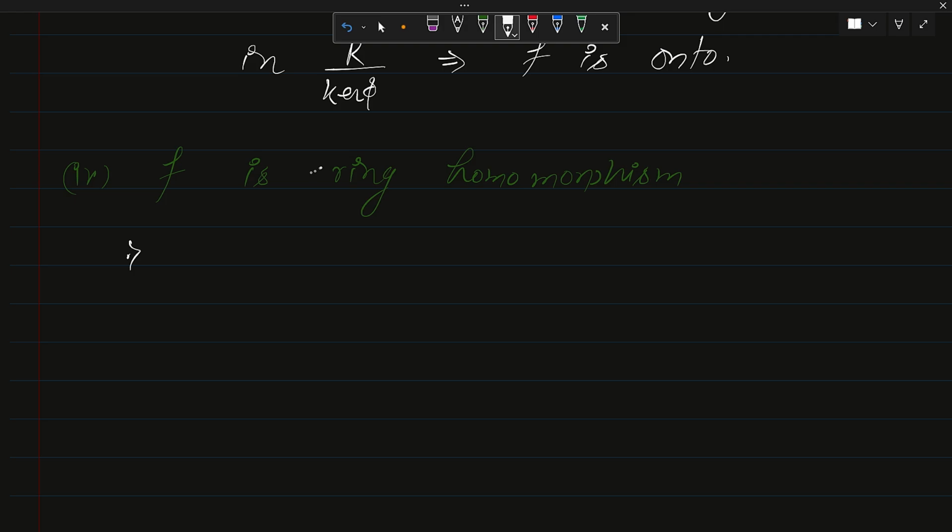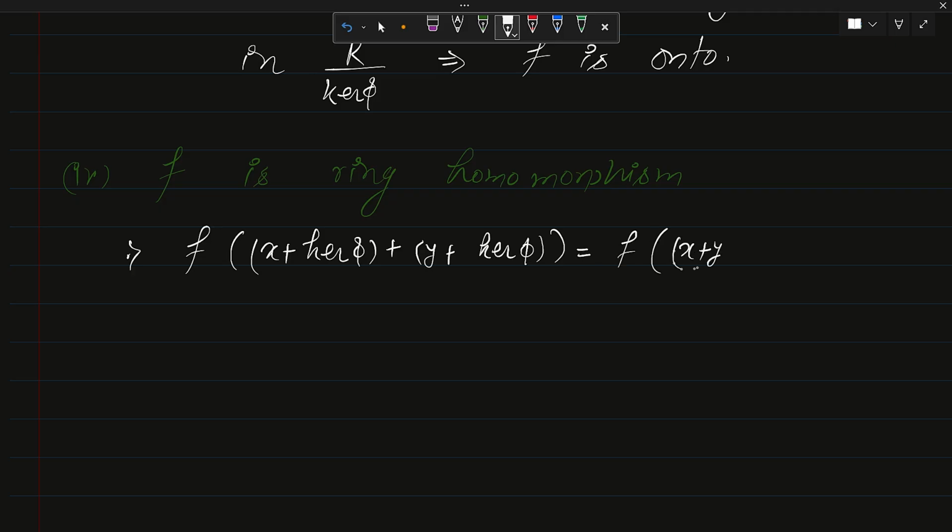Okay, so what we can say that suppose f of x plus kernel of phi plus y plus kernel of phi, we are having the f image of addition of these two elements, and obviously this is equal to f of x plus y plus kernel of phi, and this will be equal to, क्योंकि हमने x plus kernel of phi की इमेज f of x ही लिखी है, तो यहाँ पर this will be equal to phi of x plus y.